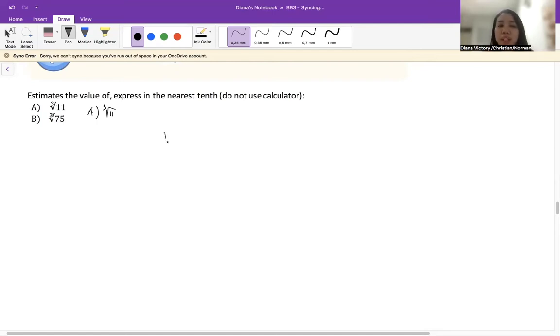We need to find the perfect cube number before 11, which is 8. The cube root of 8 is 2. And then the perfect cube number after 11 is of course 3 cubed, which is 27.